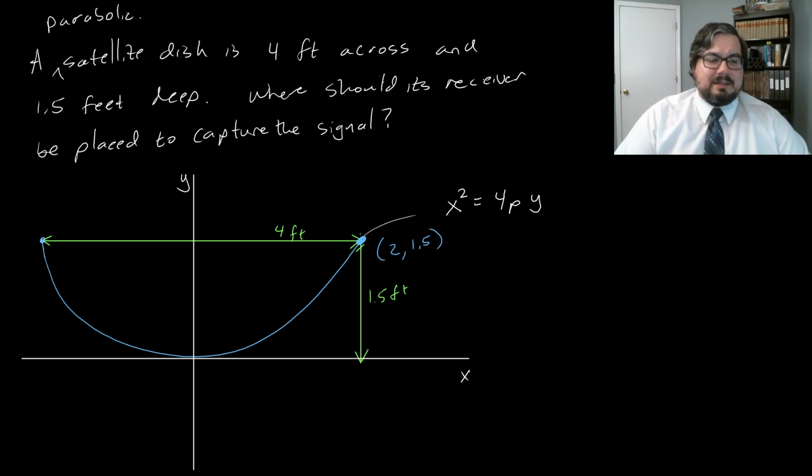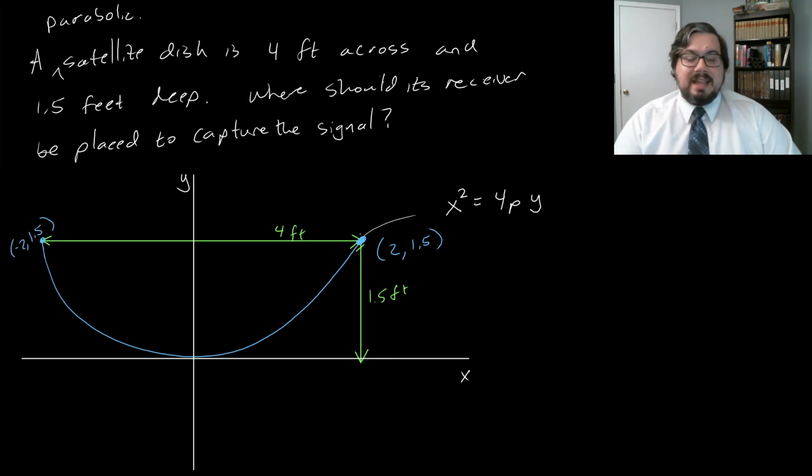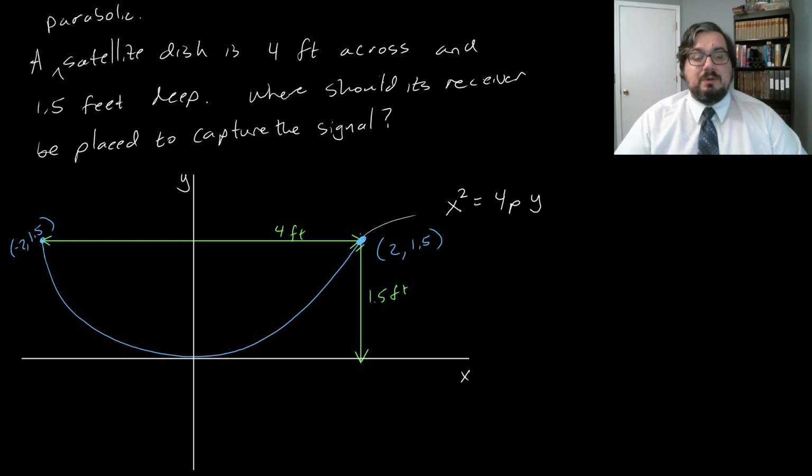The parabola is going to be symmetric around the y-axis, and so it's going to go from an x-coordinate of -2 to 2, and so we know that the point 2, 1.5 is on the graph.